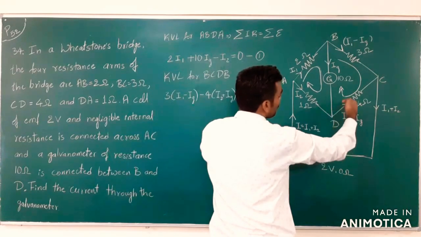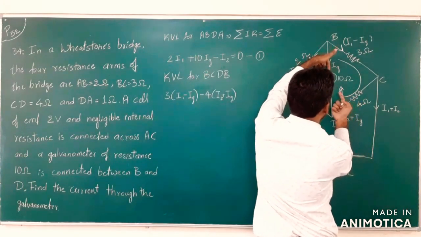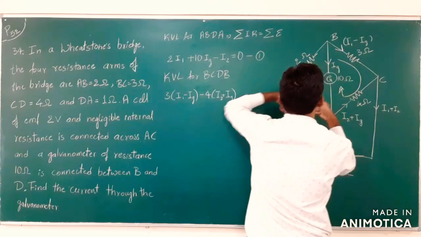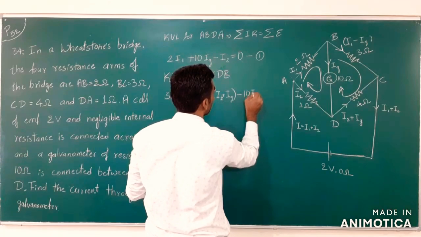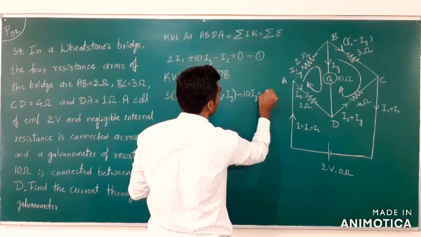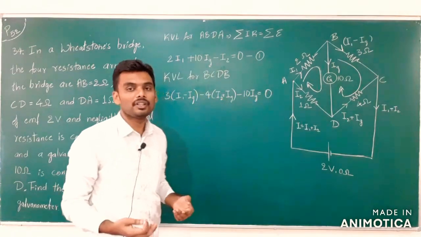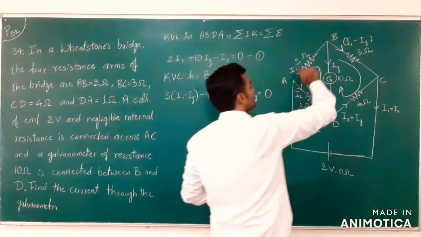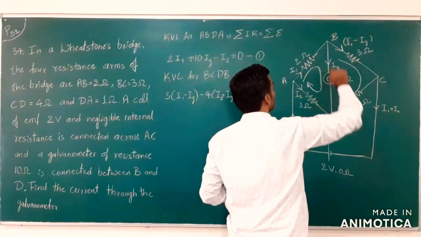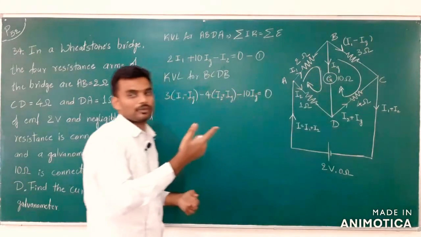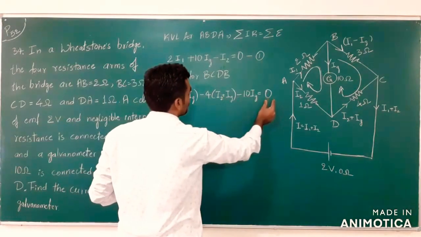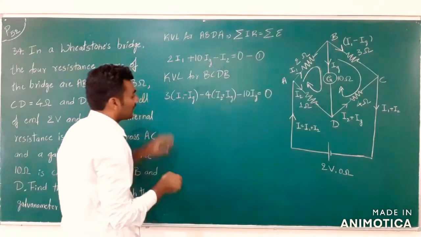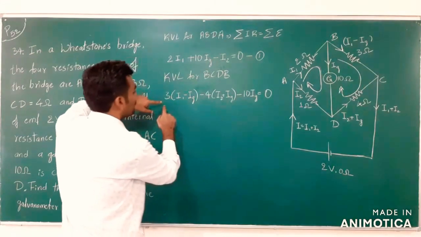Then I have current Ig flowing through the galvanometer in the opposite direction of my traversal. So, it is minus 10 Ig is equal to 0. Why 0? Because we do not have any cell or battery in the considered loops. If we had cells, then we should have mentioned the EMF of those cells in the RHS, right? Let me simplify this. Look at this.